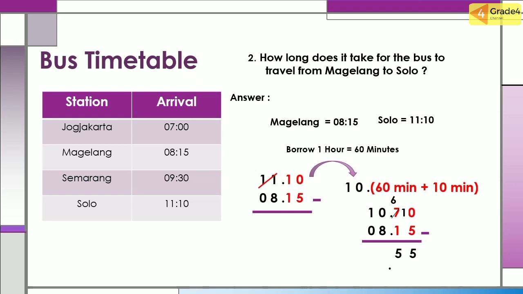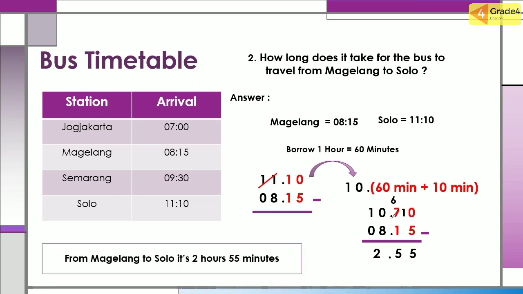Don't forget to put the point in here, and then 10 minus 8 is 2. Don't forget, the 2 digits after the point show the minutes, and the 2 digits before the point show the hour. So we can answer from Magelang to Solo, it's 2 hours 55 minutes.